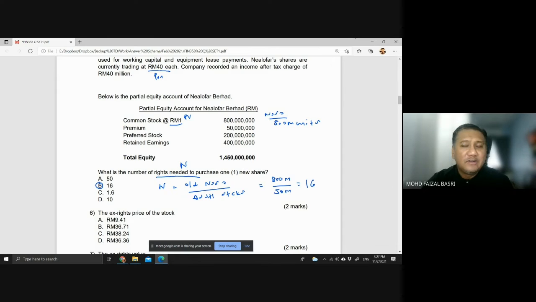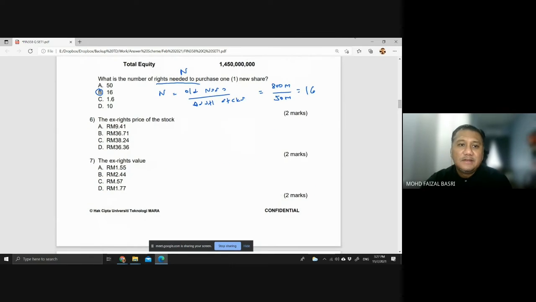This one yang kalau ikut dalam sequence formula tu is the second one. Okay, the second information. Price X. This is price X. Apa formula price X, ingat tak? Panggil price on.